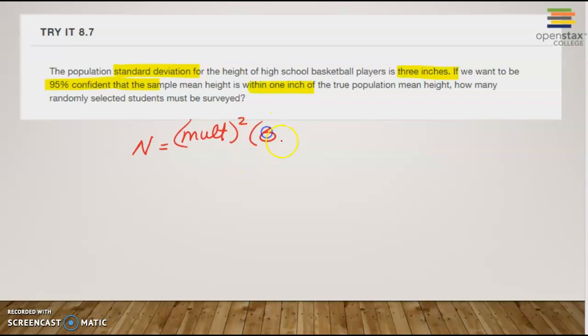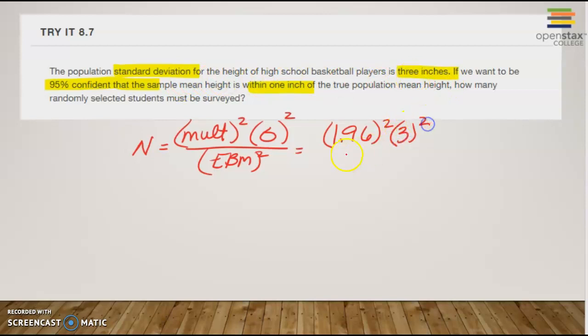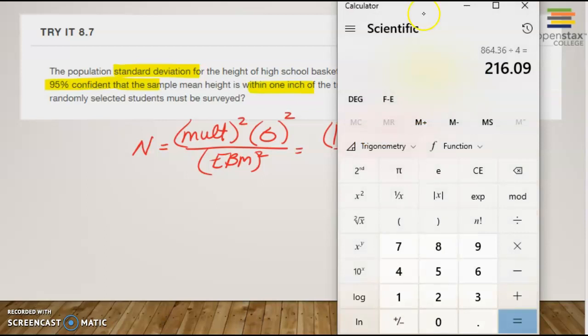Then your standard deviation squared over your error bound squared. Multiplier 95% confident, once again, that's the same one. So we got the 1.96 squared. Your standard deviation here is 3 inches. And your error bound within 1 inch. So that was just a 1 on the bottom.